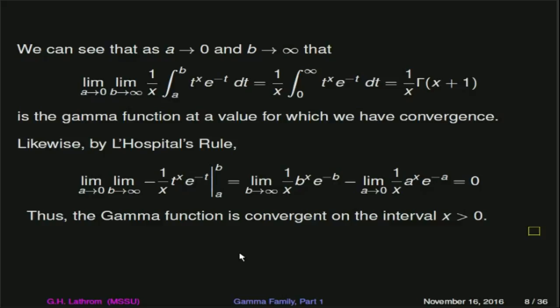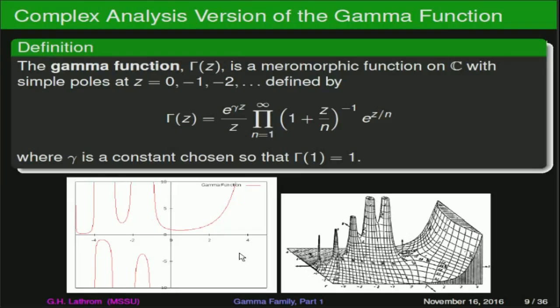So the gamma function is actually pretty useful in that not only can we define the real version, which is what we just did, we can also define a complex version of the gamma function. So in terms of complex numbers, the gamma function is actually defined as a meromorphic function. So what that means is it looks something like a rational function with complex numbers.